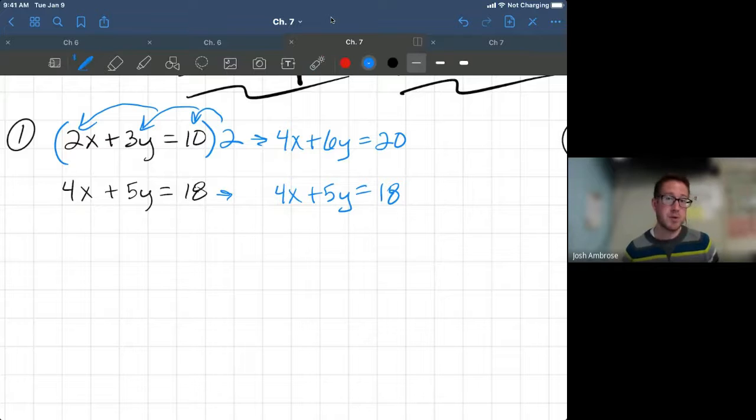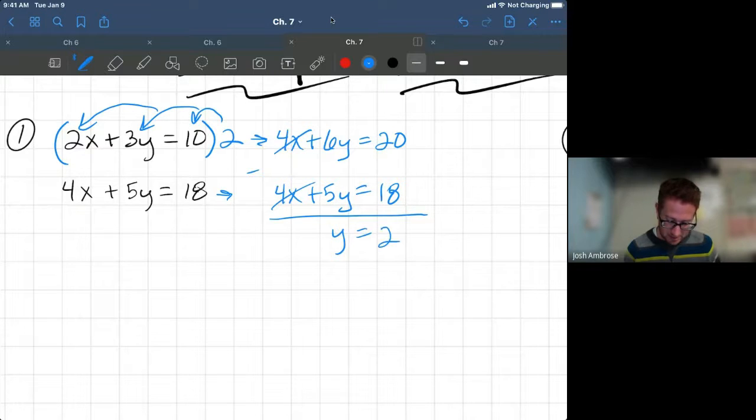They are both the exact same sign, so we're going to use subtraction. 4x minus 4x crosses out. 6y minus 5y equals simply y. And 20 minus 18 is just 2.